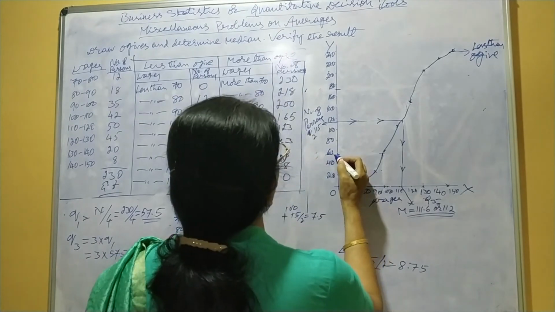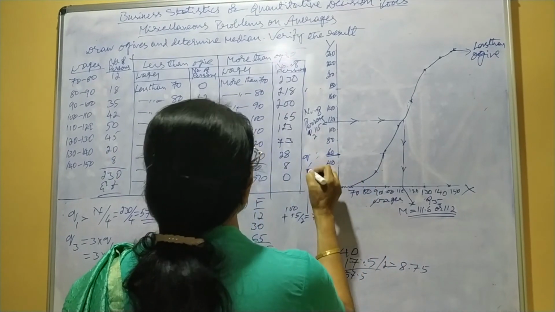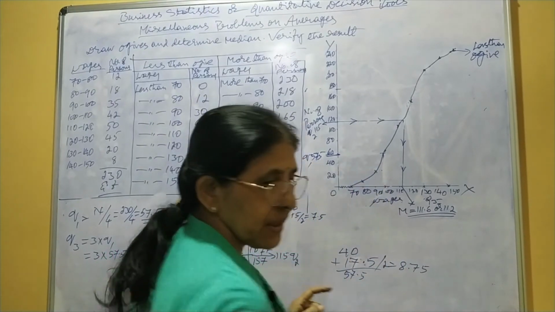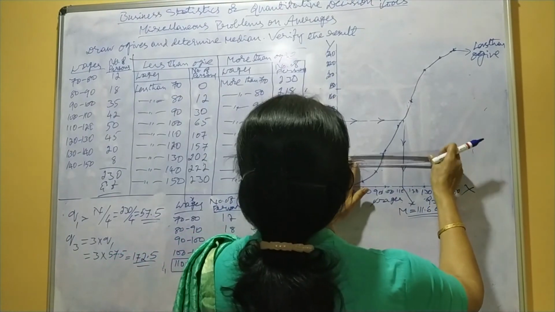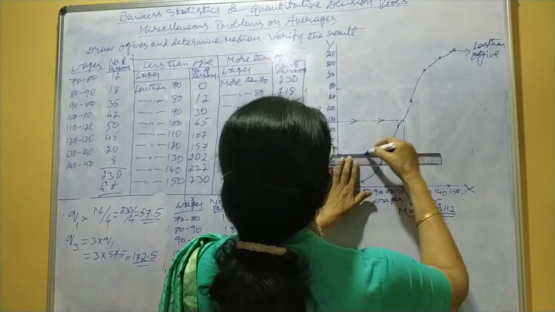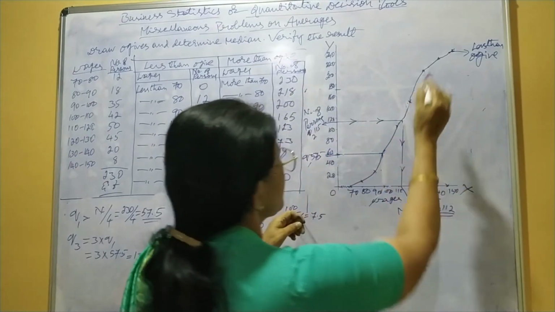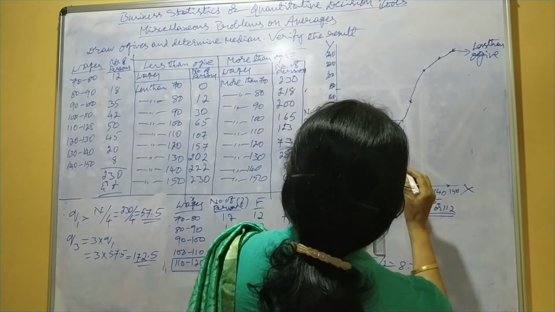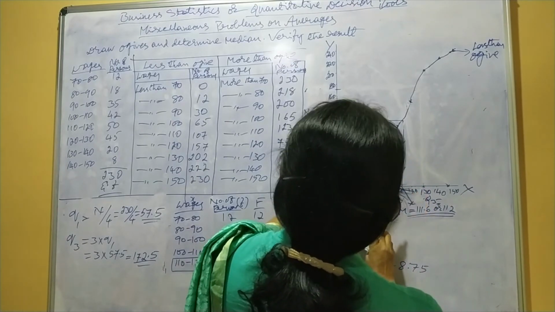From here you have to locate Q1, that is 57.5. Now use scale and draw a straight line parallel to the x-axis, and from that point where it reaches the less than ogive, from that point draw a straight line perpendicular to the x-axis.